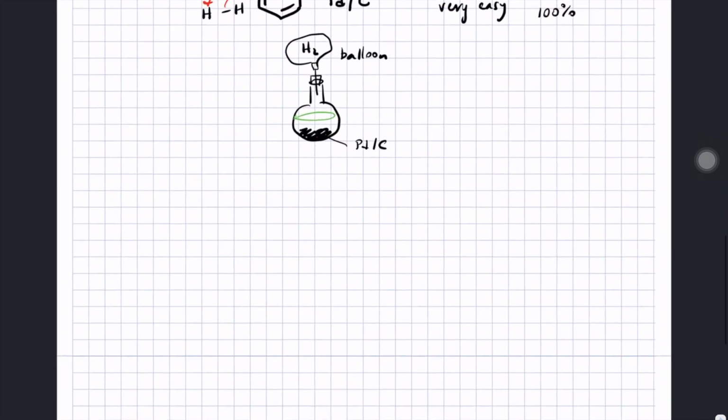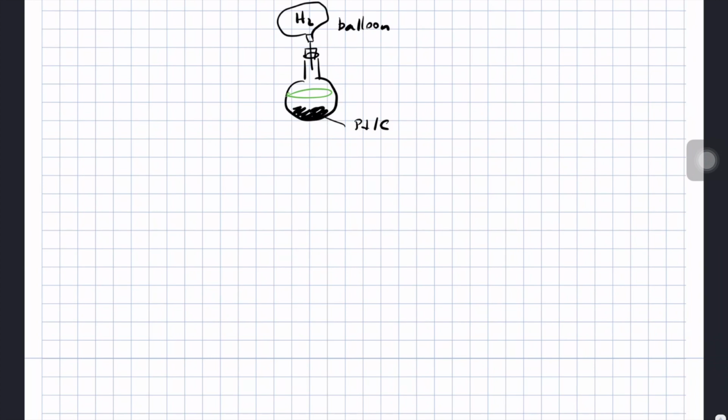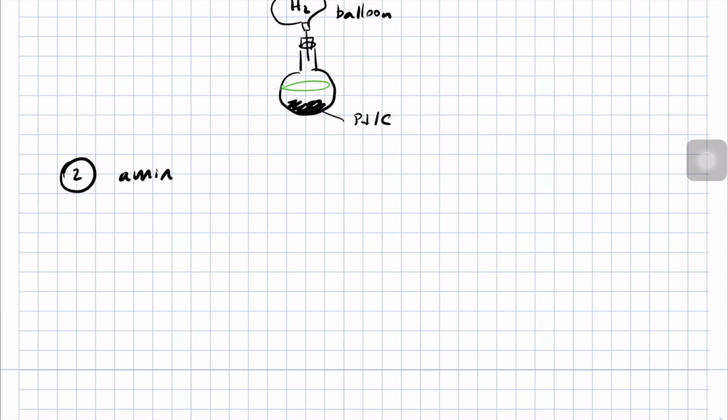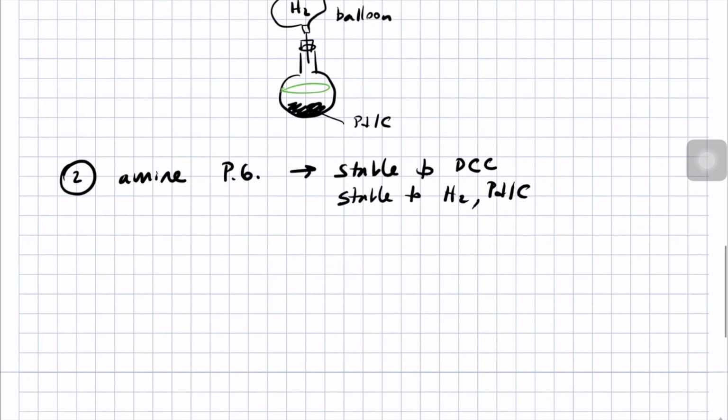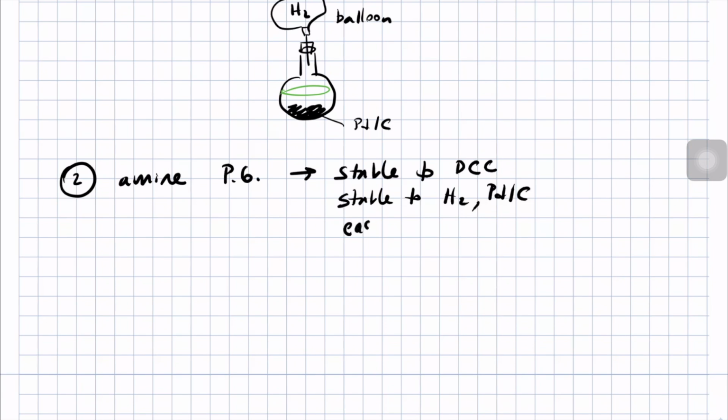Let's talk about the protecting group for the amine. Again, the requirements are it has to be stable to DCC, it has to be stable to hydrogen and palladium on carbon, and it has to be easily removable under orthogonal conditions.